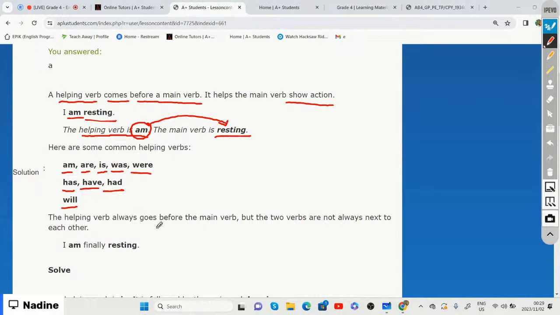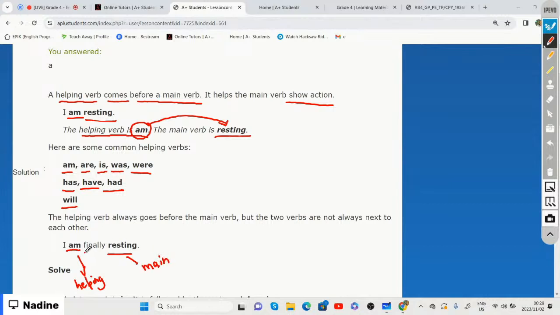And the helping verb always goes before the main verb, yes, but the two verbs are not always next to each other. Sometimes the verbs don't necessarily have to be next to each other, like, for example, "am resting." If we look at the sentence, "I am finally resting," then here we have our helping verb, am, and resting is our main verb.